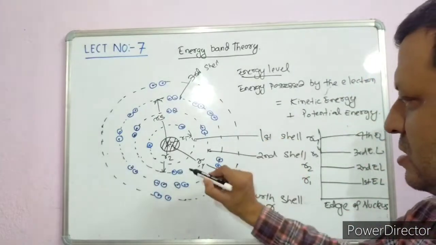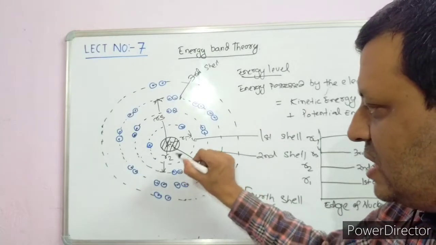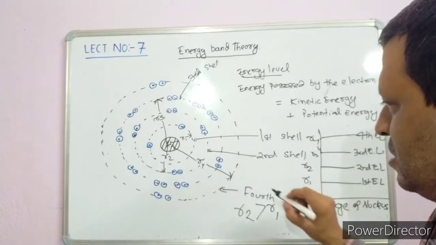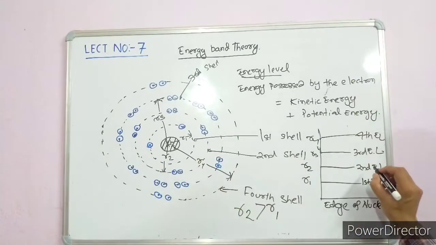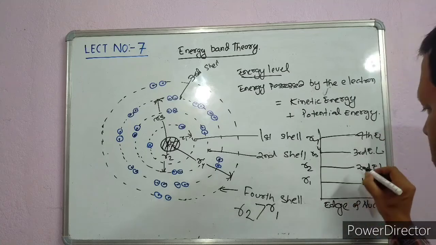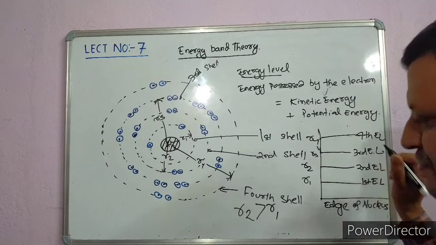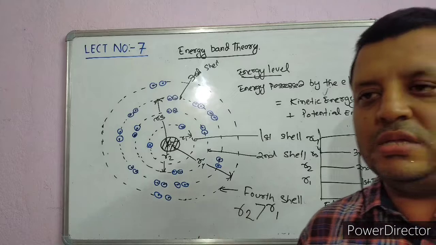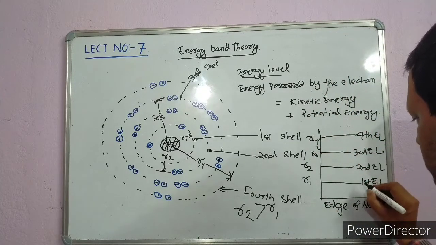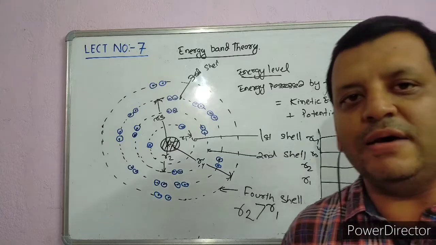So the energy possessed by the electrons revolving at a distance of r2 from the nucleus, in our second cell, is known as the second energy level. This second energy level has a value more than that of the first energy level.